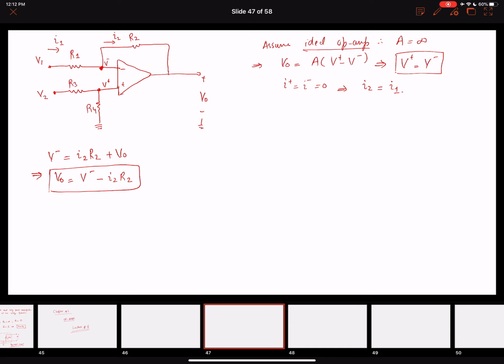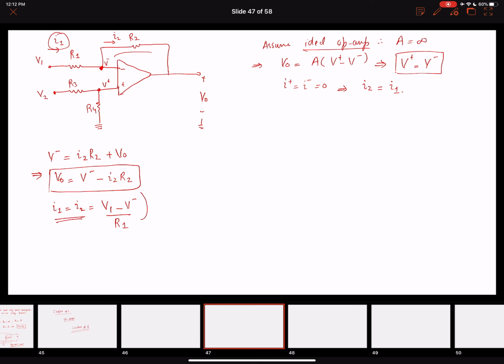All right, so what is the value of I2? Let's solve for I1, and I1 is equal to I2. So I1 would be equal to V1 minus V negative over R1, and that should also be equal to I2.